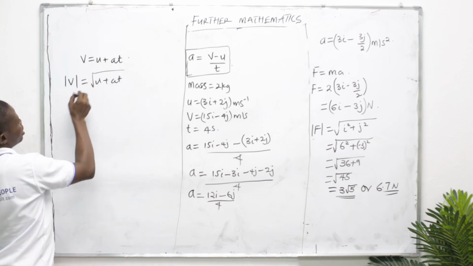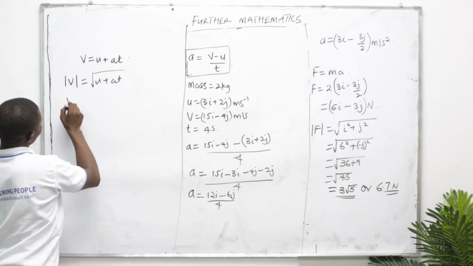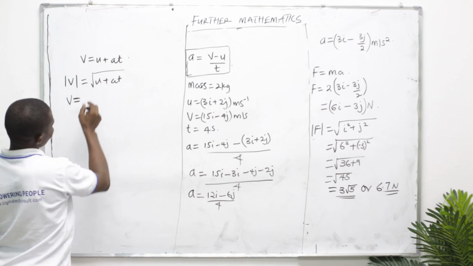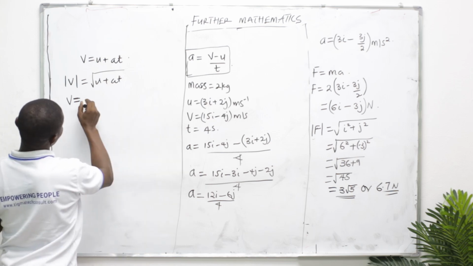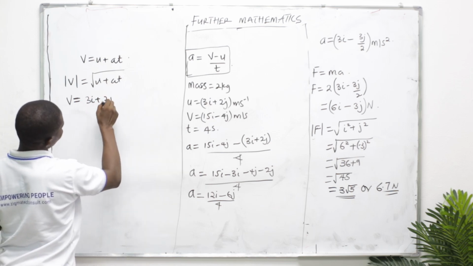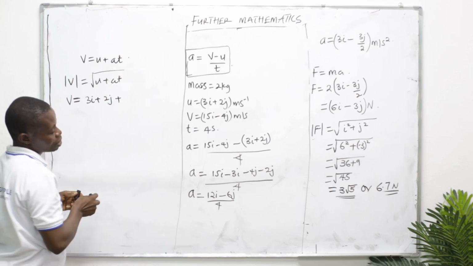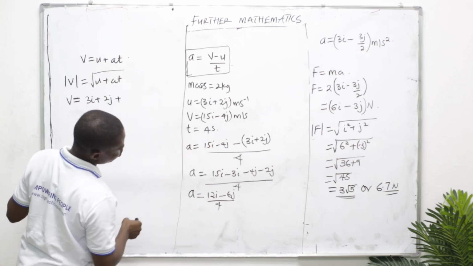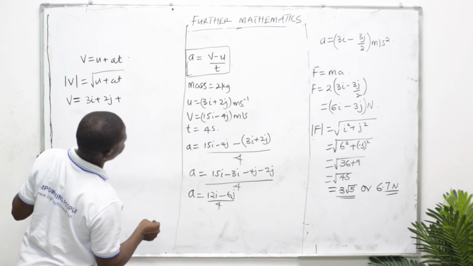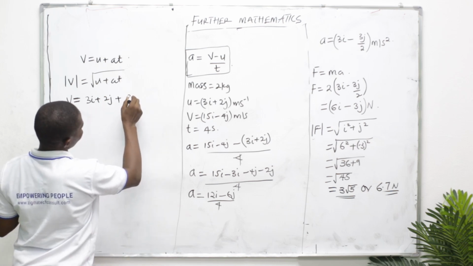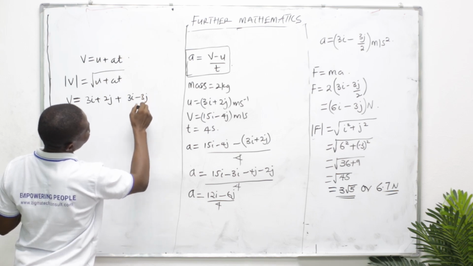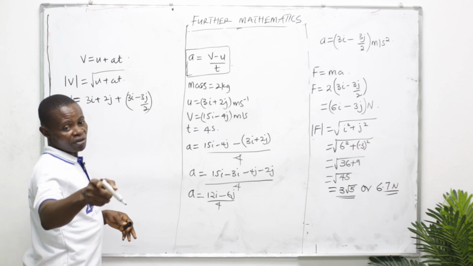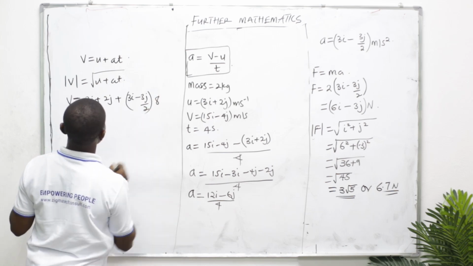But then let us settle this in form of the formula. As the formula has indicated, you have U to be initial velocity, that is 3i plus 2j, plus a, which is acceleration. Then what is our acceleration? From the solution above, our acceleration shows that it is 3i minus 3j all over 2, then multiply by the time taken, after 8 seconds, that is multiplied by 8.